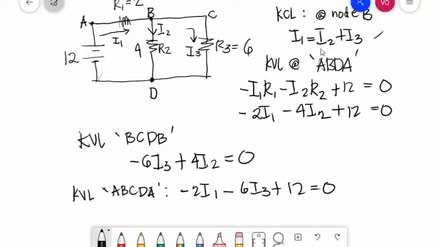If we substitute I1 here, you will have 2, 3. So this will be my equation 1, equation 2, 3, and 4. I will substitute equation 1 in 2.